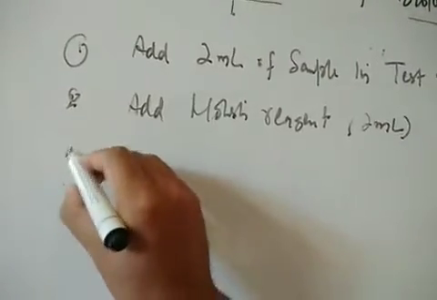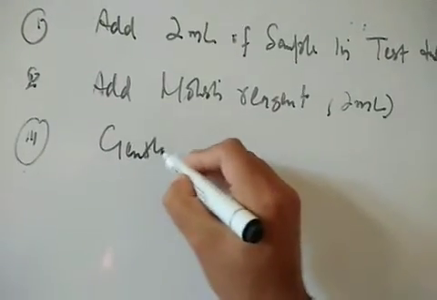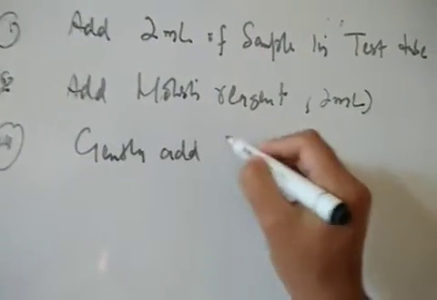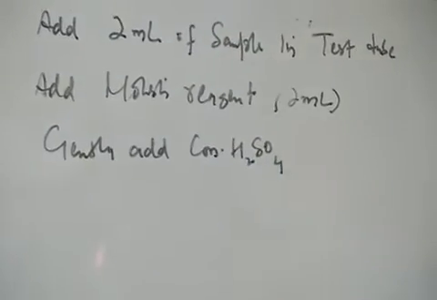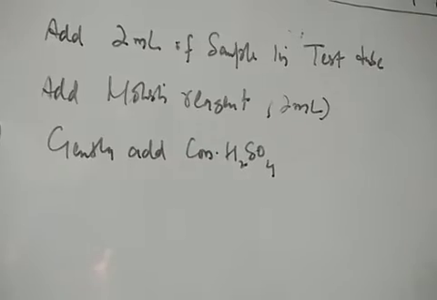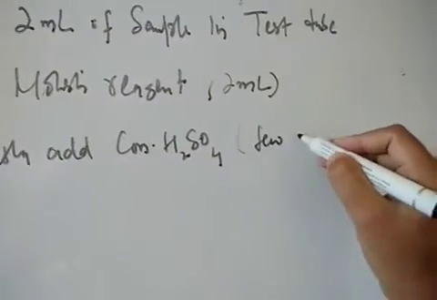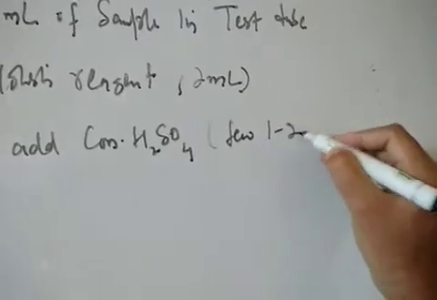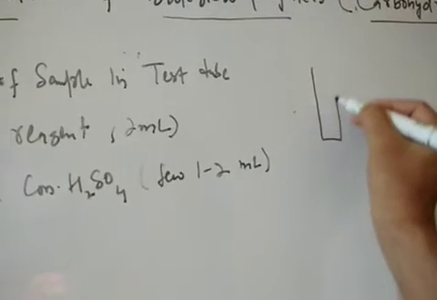And then उसके बाद अब बहुत important, gently add concentrated sulfuric acid. How much? Concentrated sulfuric acid you can gently add few drops, few ml or 1 to 2 ml. But यहाँ पे याद रखना है कि for example this is our test tube.